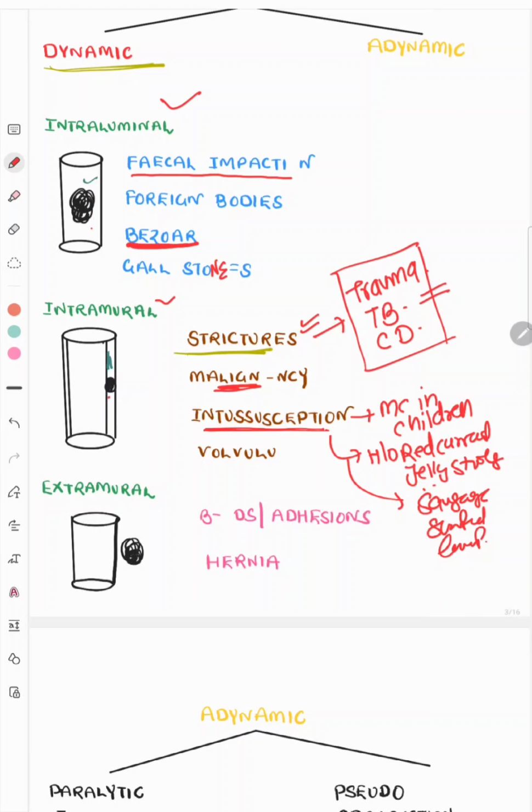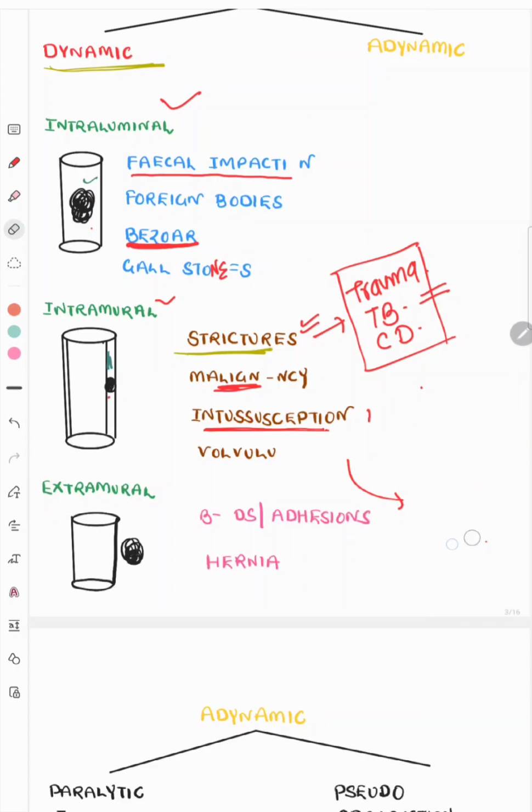These are the points which lead to the diagnosis of intussusception. And there can be volvulus. We will discuss it later in other videos.